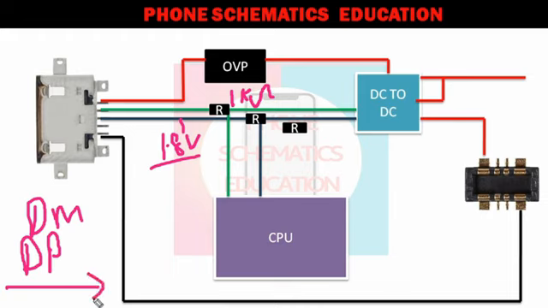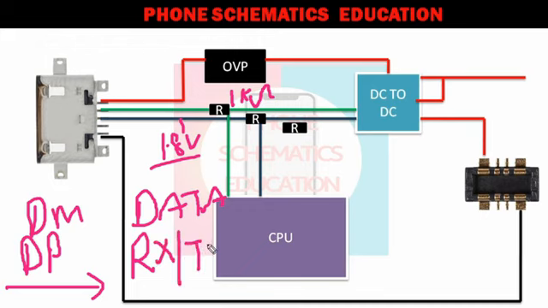By the names, these lines work for data transmission, right? We also call them RX and TX, receiving and transmitting. Clear? Suppose when you connect the data cable to a laptop or PC, these both lines work separately and communicate with the CPU.